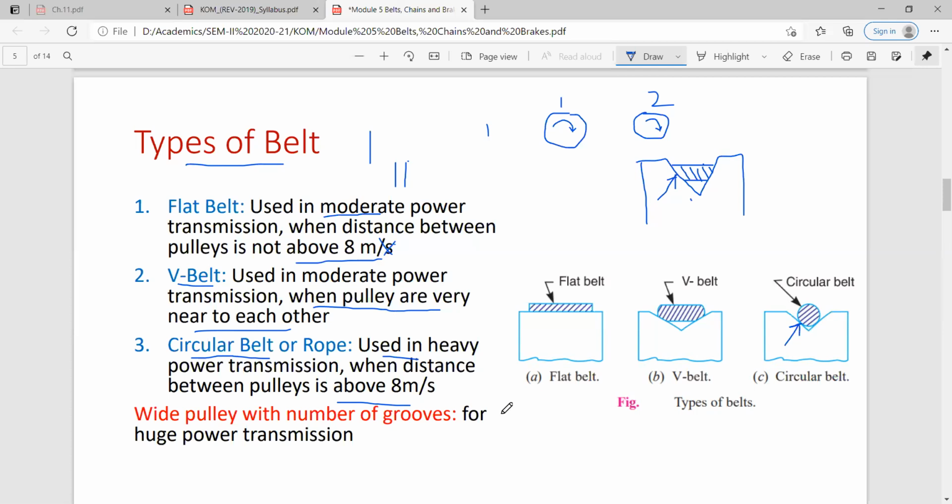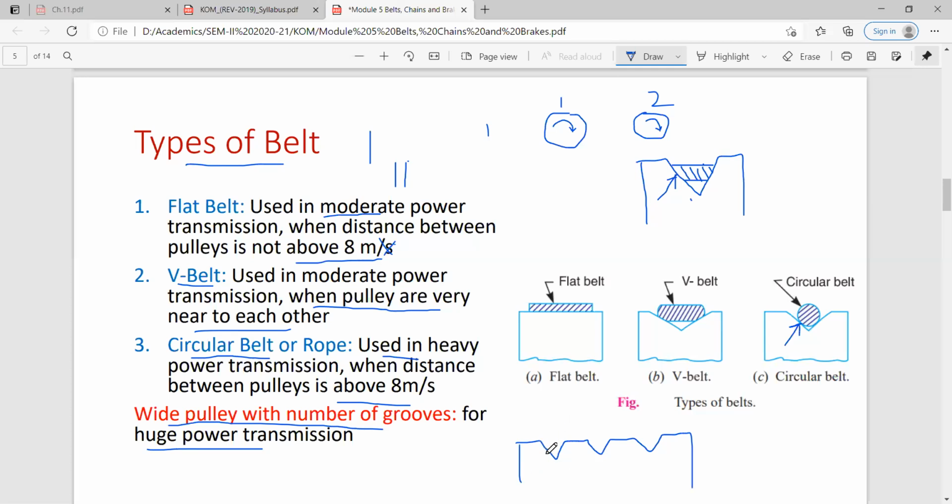Then when very huge power is to be transmitted, what do you do? You use wide pulleys with a number of grooves. Here in this pulley only one groove is there. If you want to transmit a very huge amount of power, you will need sufficient friction. In order to increase the friction, we go for very wide pulleys which have multiple grooves like this.